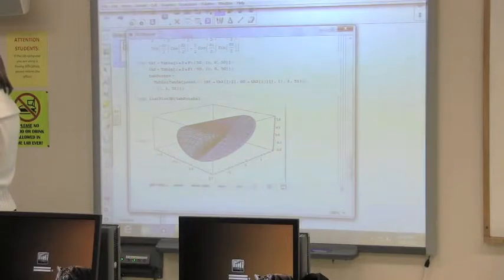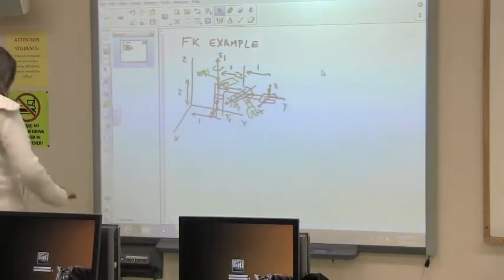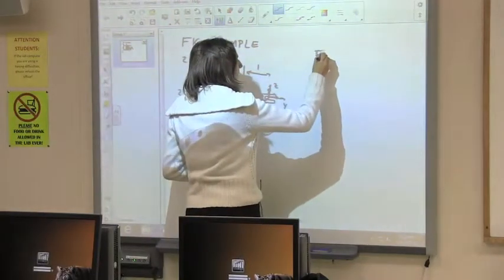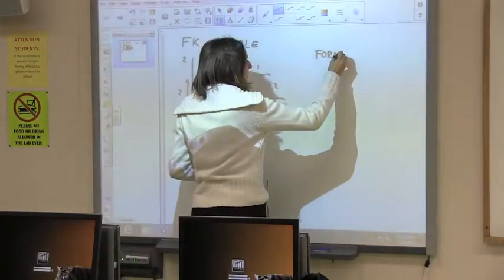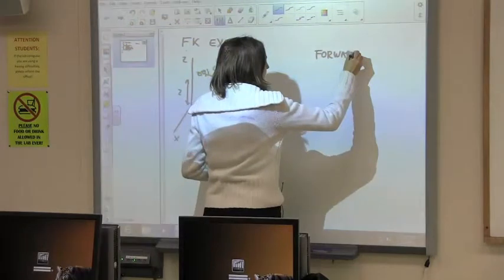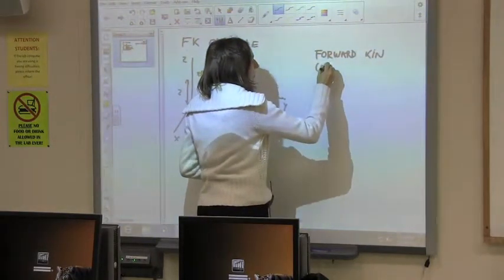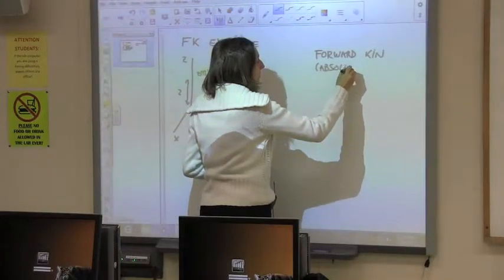And that also ties with the comment I wanted to make. Okay, so we have done the forward kinematics for this robot. We call this absolute forward kinematics because then we will compute a relative one.